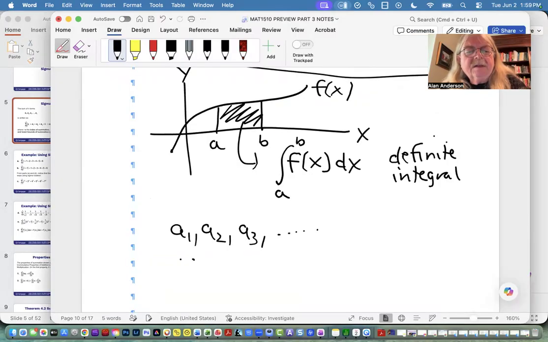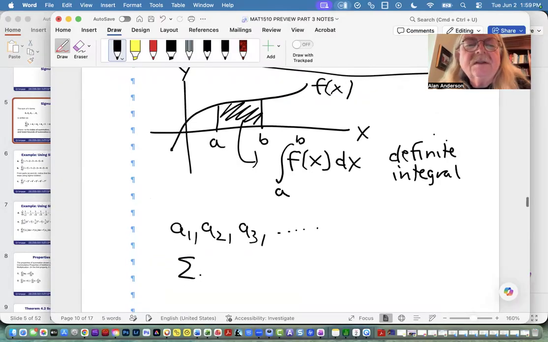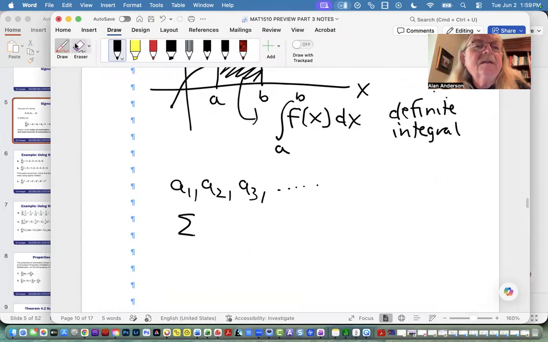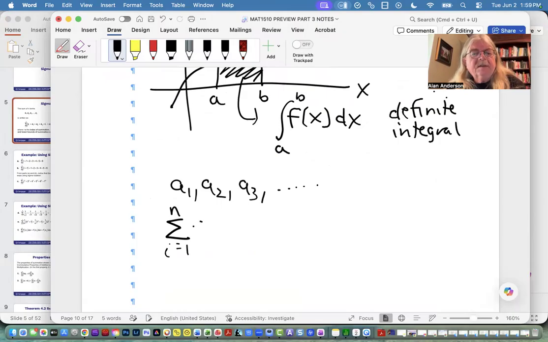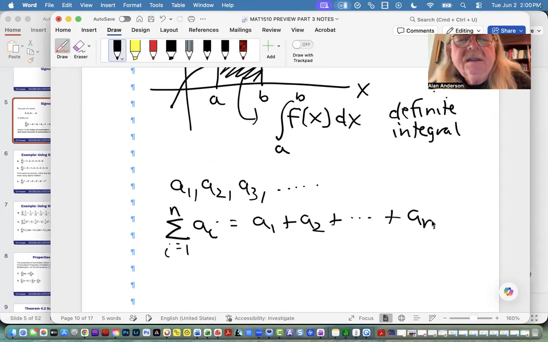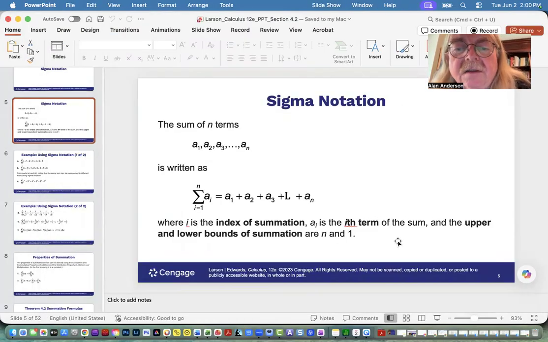And if we want to write a sum, we already know this sigma notation. Here, it's a finite sum. It is possible for this to be an infinite sum, but we're not doing that here.